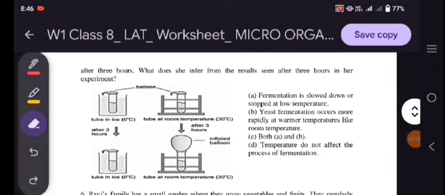Fermentation is stopped at low temperature. जो fermentation होता है वो slow down हो जाता है या फिर रुक जाता है लो टेम्परेचर पे, या ईस्ट का जो फर्मेंटेशन होता है वो रैपिडली होता है वार्मर टेम्परेचर पे या फिर रूम टेम्परेचर पे. तो option C states both A and B. Option D states temperature does not affect the process of fermentation. This is absolutely nonsense. D is absolutely wrong.